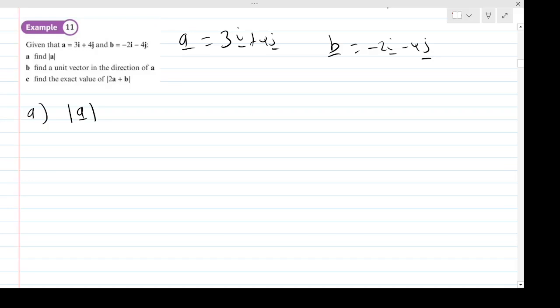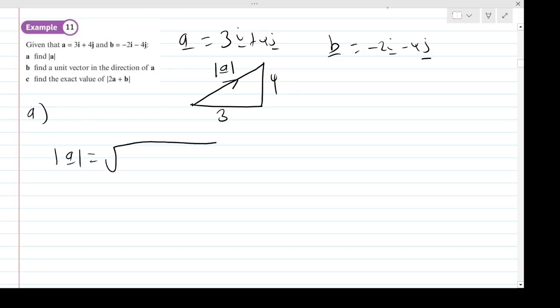So then if I were to draw A again on the diagram, we're going to go 3 across, right? 3i means going 3 across on the x part. And then we're going to go 4 up. So 3 across, 4 up, and then there we are, the vector is the hypotenuse, that's the vector A. The length of the hypotenuse is going to be the length of the vector, which is this double line A. So by Pythagoras it's going to be the root of the two sides squared.